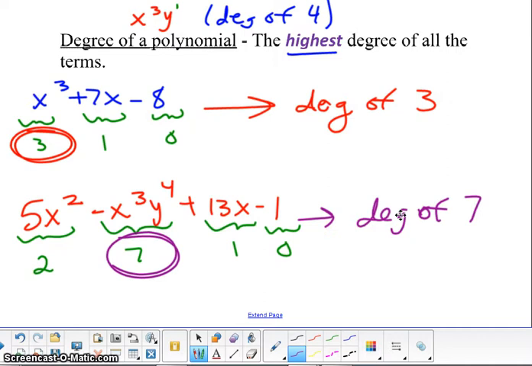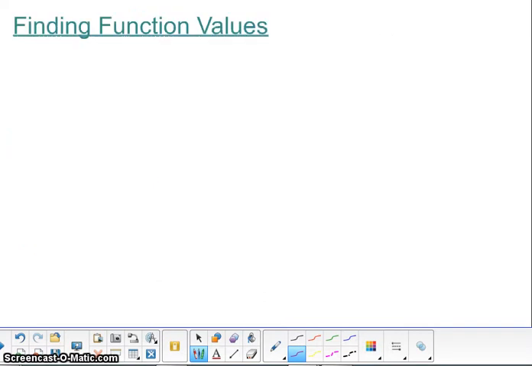Now let's do some practice. First thing I want you to practice is finding function values. Okay, this is not unfamiliar because we have practiced on this with lower degree problems.